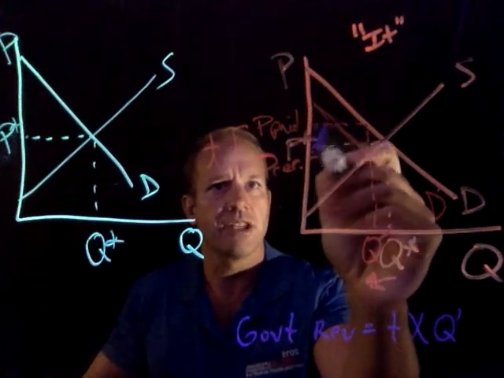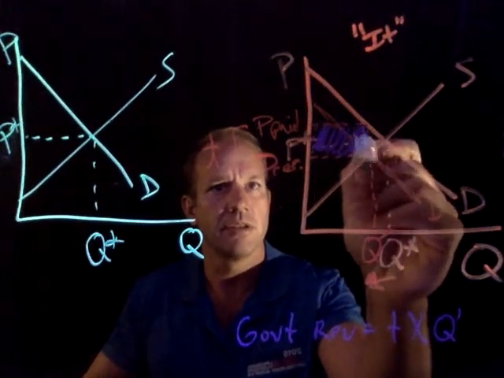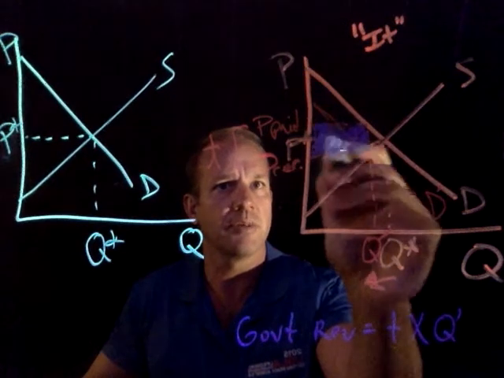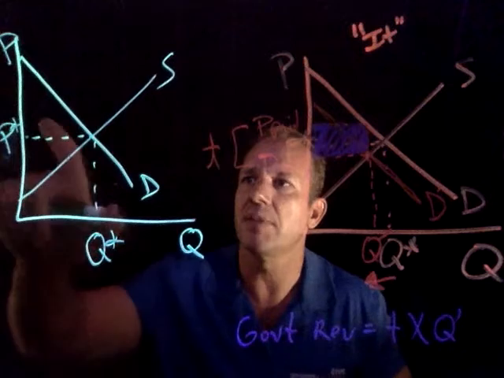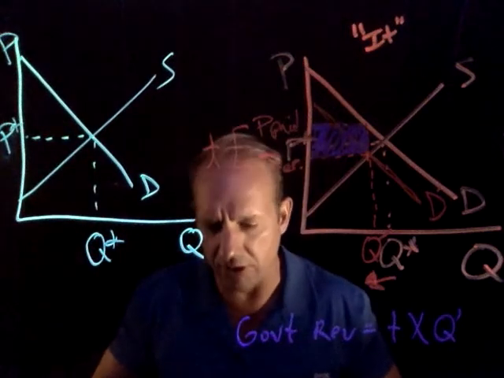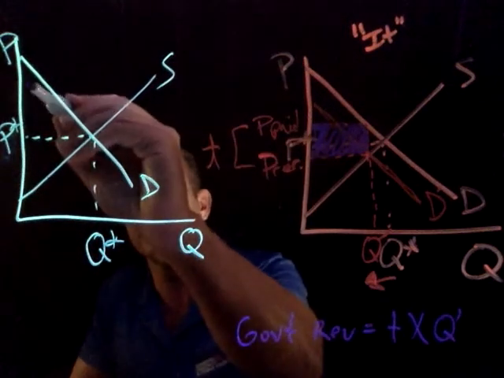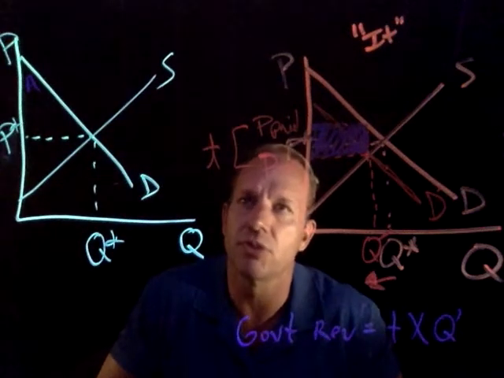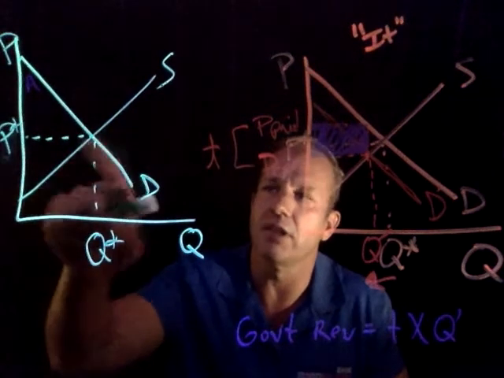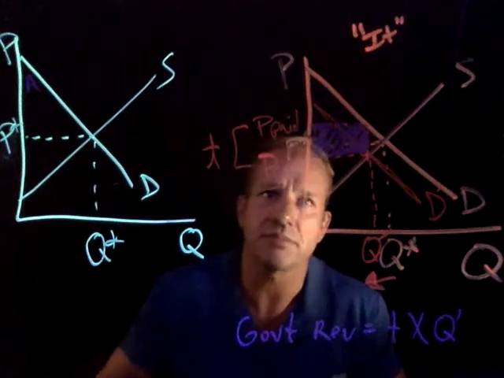So this rectangle is actually government revenue. But remember, this up here, let's just call this A, was consumer surplus. This whole triangle, I left it like that for a reason.